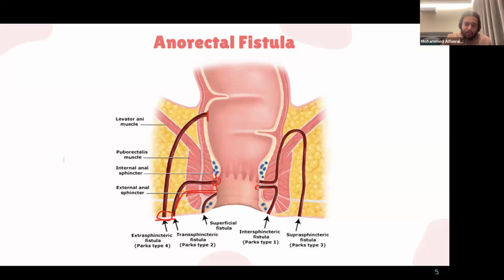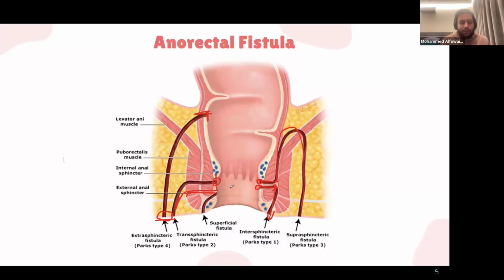Intersphincteric, there's an internal opening, goes through the internal sphincter, and then goes out. It does not go through the external sphincter. That's how you can tell these 2 apart. Suprasphincteric, somehow, it goes through the internal sphincter, goes up, then goes out. Extrasphincteric, sorry, it does not involve the 2 sphincters. These are very confusing points for you guys at your level.